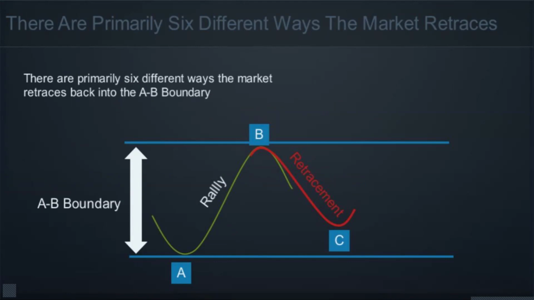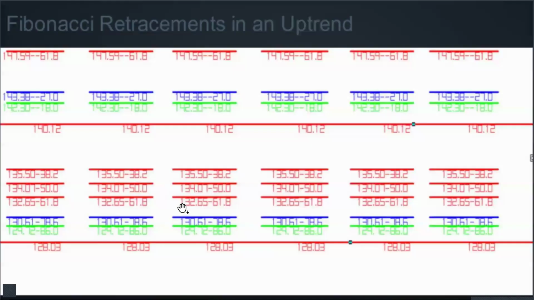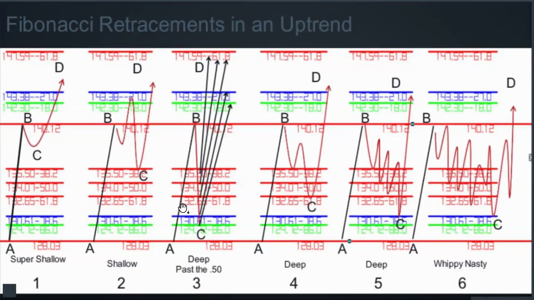The market cannot move from C to D in a straight line. Having carefully observed the way the market moves from C to D, I came up with 6 different ways the market can move from point C to point D. And these are the 6 different ways.